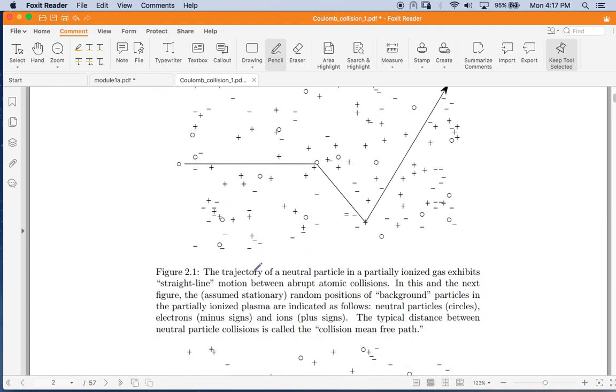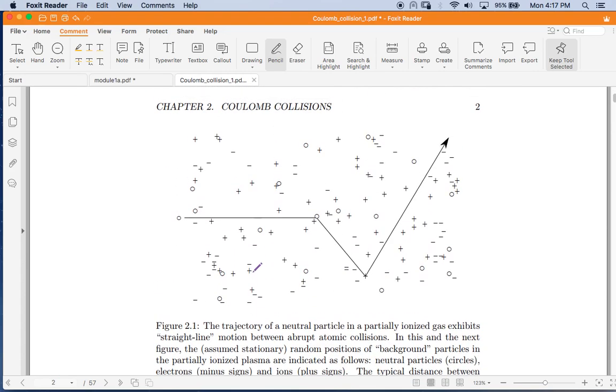And this is the cartoon that Callan likes to point out. What he has drawn here are these circles. These are the neutral particles, and they are inside a medium comprising charged particles. You can think of these pluses as protons and the negatives as electrons, and these are neutral particles.